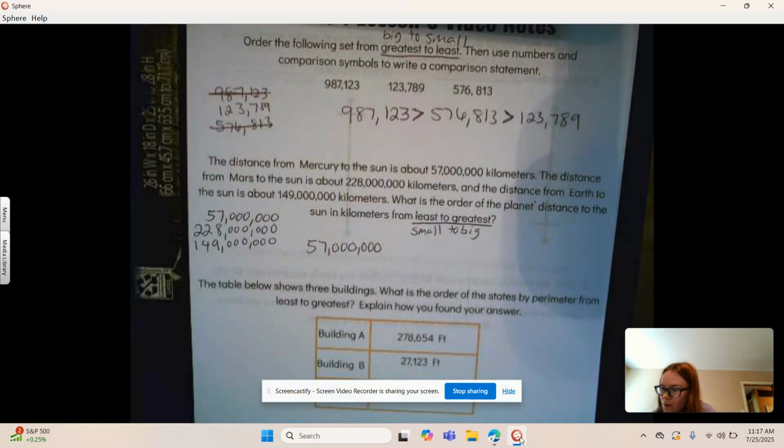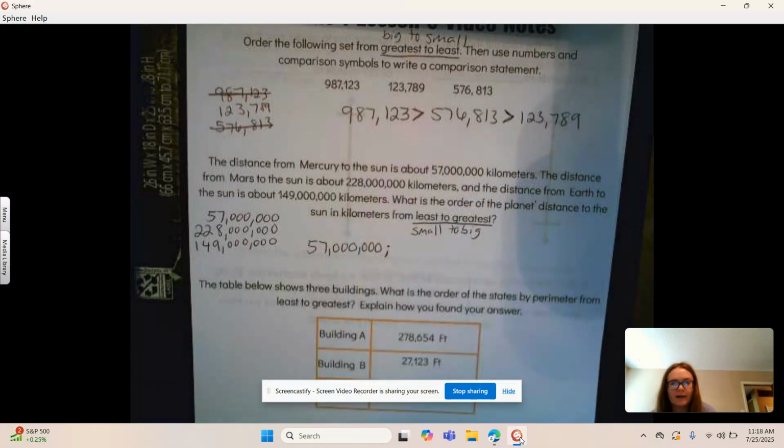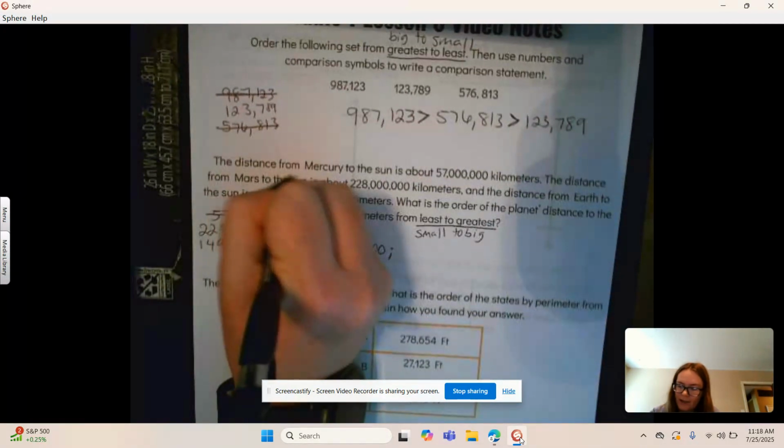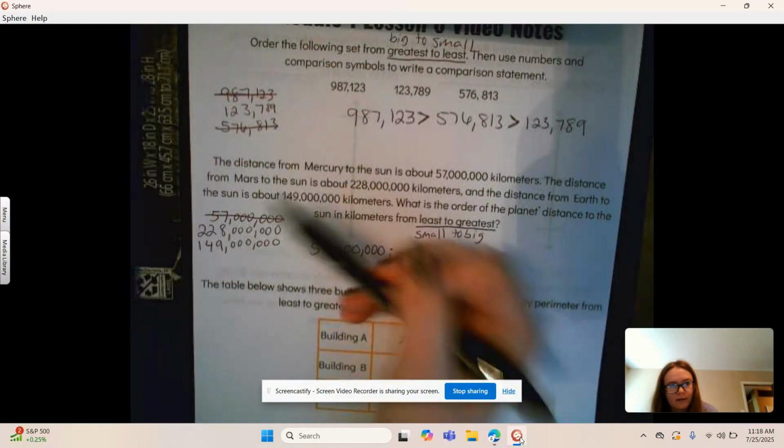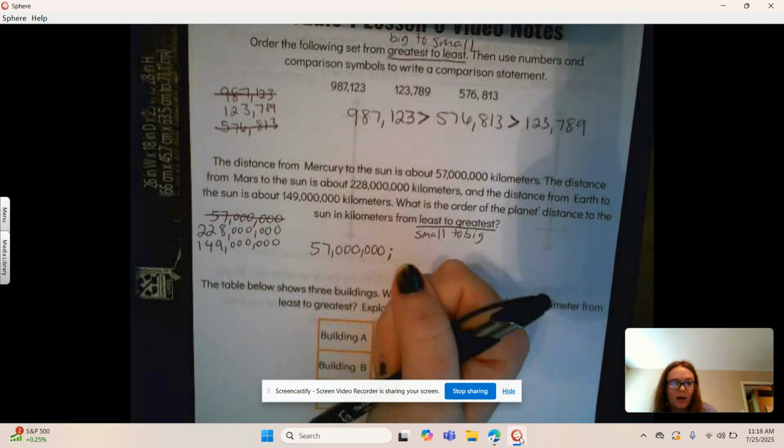Okay, and it doesn't want us to write a comparison statement. So we're just going to order them. So we're going to write the semicolon right here to show that that is the smallest one, and we're going to mark it out. Okay, let's look again. Is 2 or 1 smaller? 1 is smaller, good.